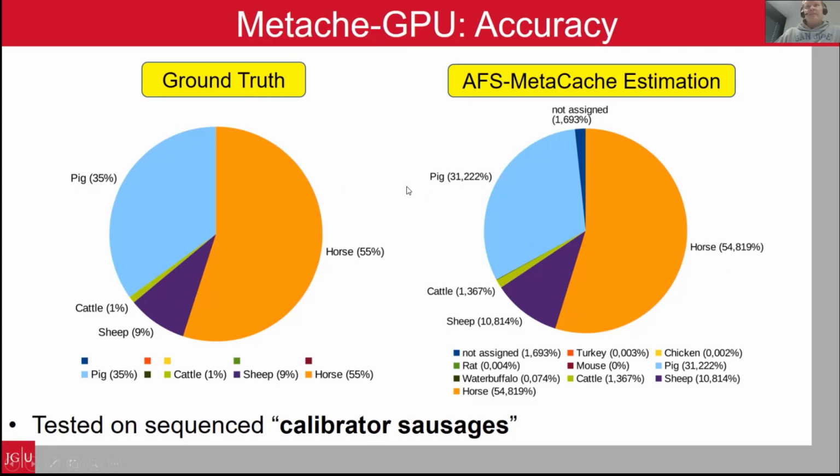Pig is a bit underestimated, 31% pig, and the ground truth is 35% pig. Pig is often underestimated because it contains lots of fat, so fewer reads will be sequenced. And also 1% cattle, which we also found quite well, and some sheep.